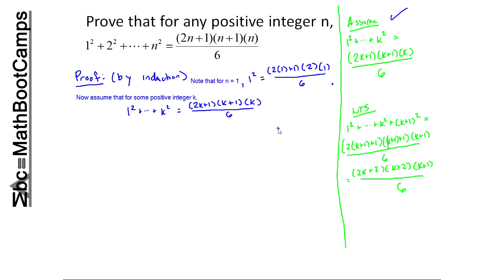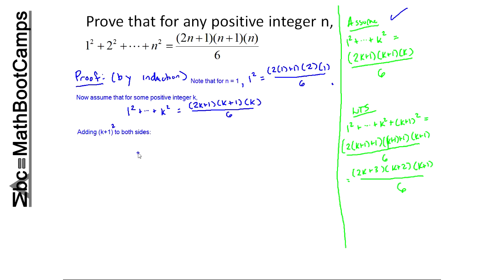Now I want to tell people what I'm doing. Some people may ask, why do I say what I'm going to do? I think it helps the proof read nicer. So now I'm going to say, adding k plus 1 squared to both sides. I know I left off the squared there, but that's more a technology thing. It's easier to write in. There we go. Adding k plus 1 squared to both sides.